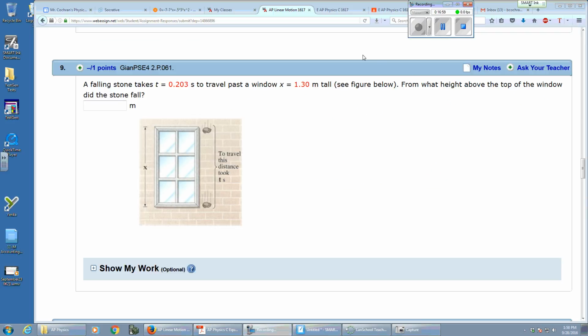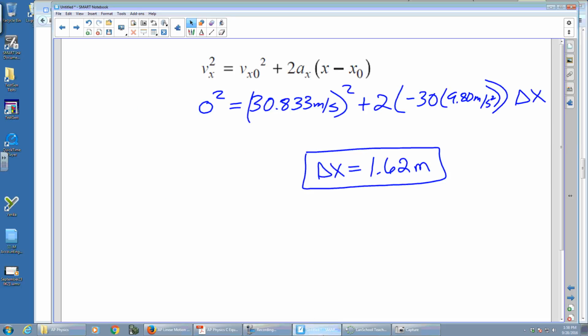All right. A falling stone takes this amount of time to travel past the window this tall. From what height above the top of the window did the stone fall? Good old problem. I like this problem. I think that's why I always assign it.